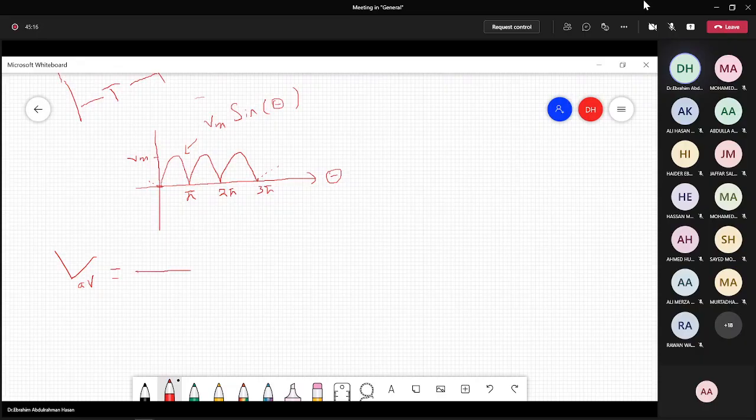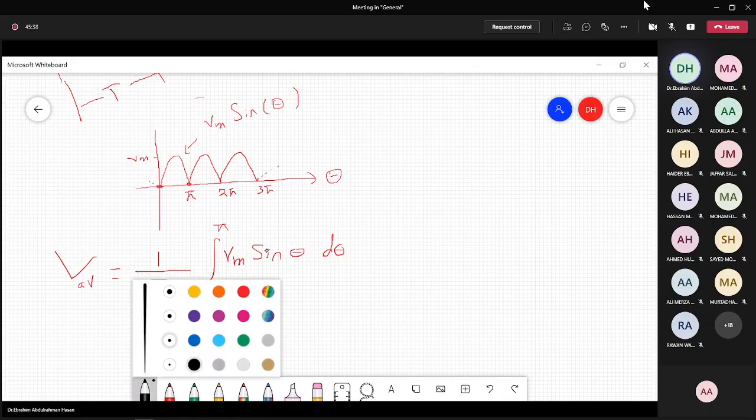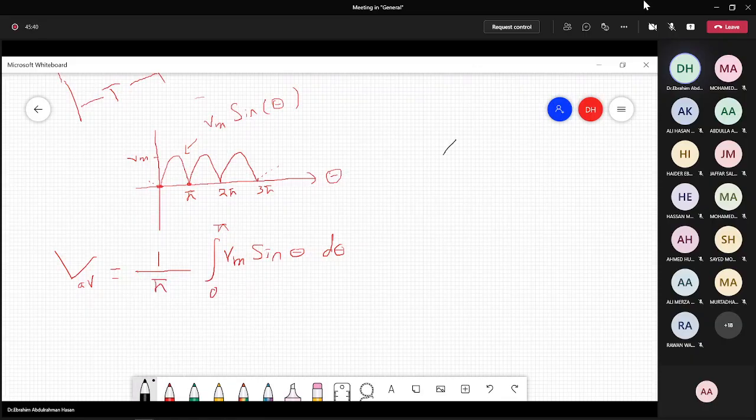It is repeating itself from here to here. So it is 1 over pi, integration of Vm sine theta d theta from 0 to pi. This is the formula we wrote earlier: x average equal to 1 over T integration from 0 to T of x of t dt.